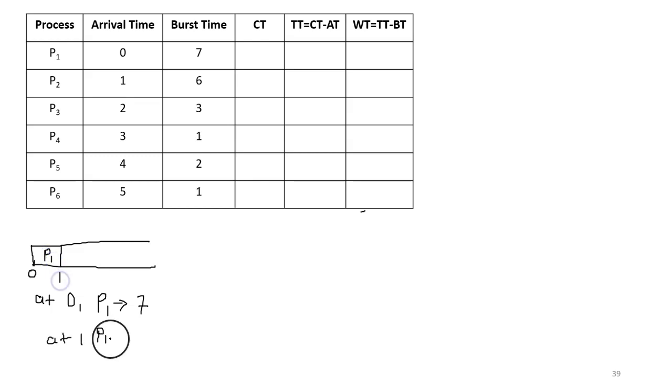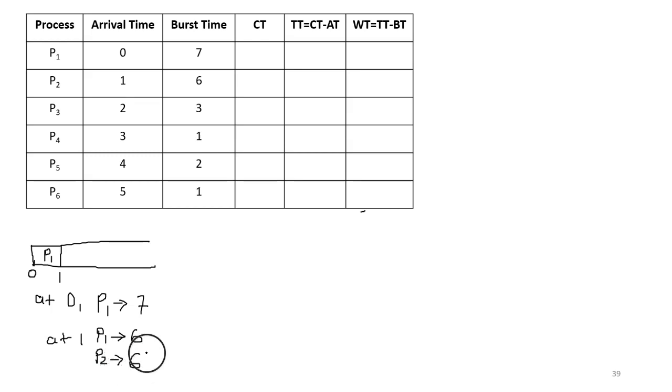So at 1, there is P1 process in the running state and there is another process P2 which is a new process requiring 6 to complete. So here running process P1 requires 6 units to complete and P2 which is new process requires 6 units to complete.